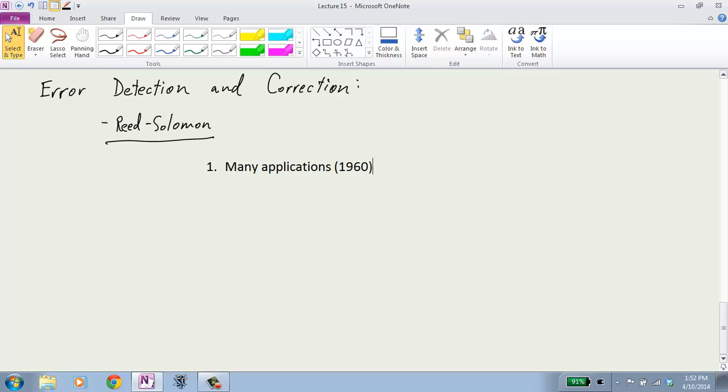All right. So Reed-Solomon codes, they are not the only error correction codes we know, and they're not the best error correction codes we know in terms of efficiency, but they are one of the early discovered good error correcting codes for which you could decode them with reasonable complexity in hardware.